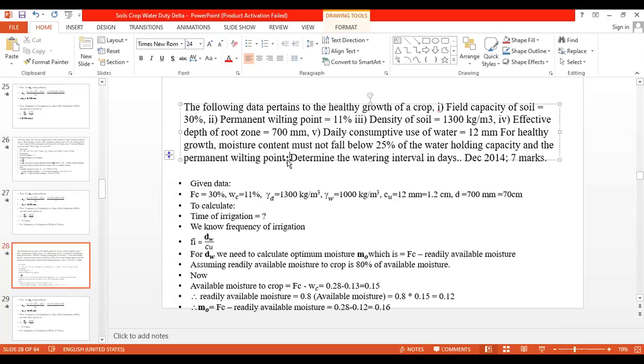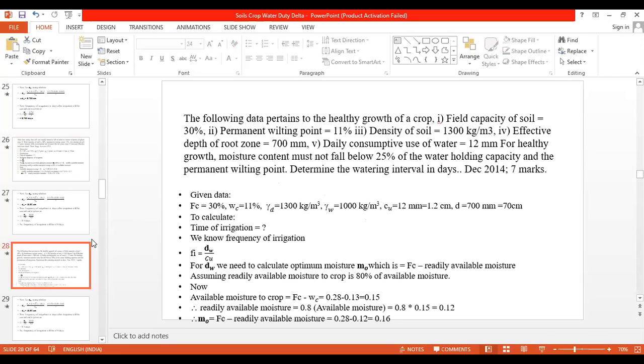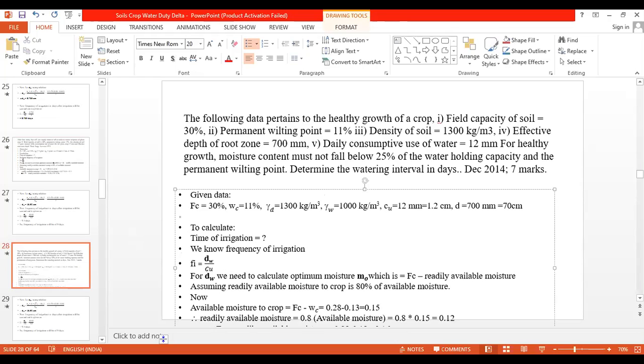It means for the optimum moisture content, there is readily available moisture, which is 25% of the available moisture. So we will mark here: readily available moisture is 25% of available moisture. This is the data which is given to us.